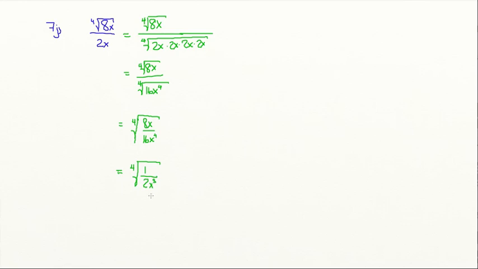We can simplify it a little bit more, which might be what your answer wants. The fourth root of 1, there's a reason why I want to do this, because the fourth root of 1 equals 1, so this would also be an acceptable answer.